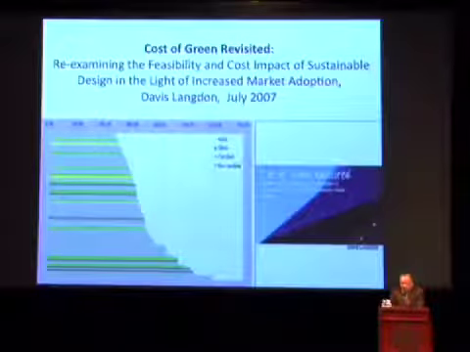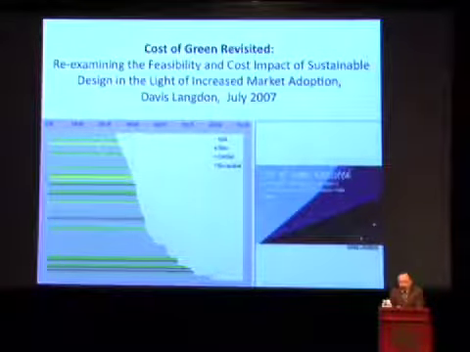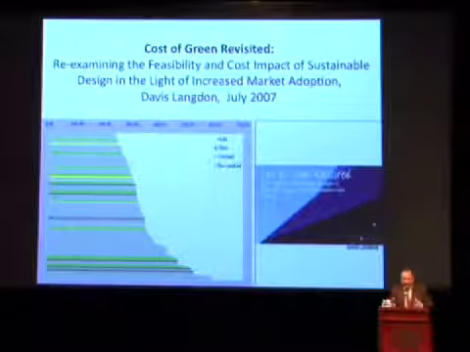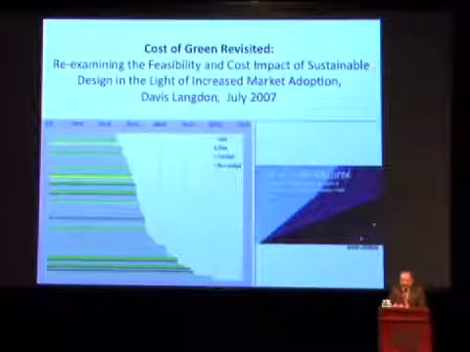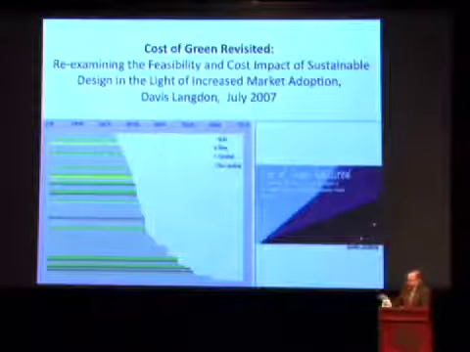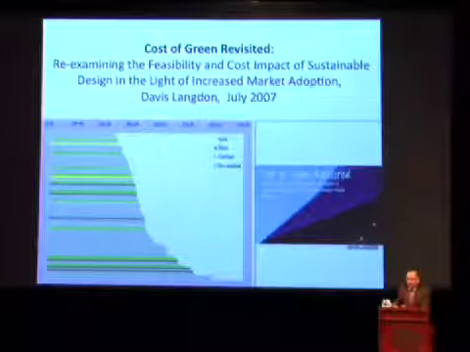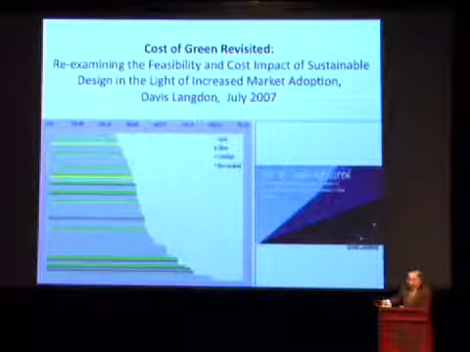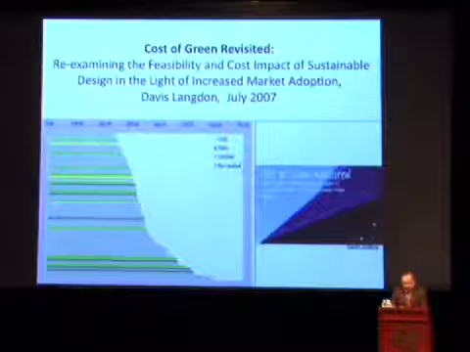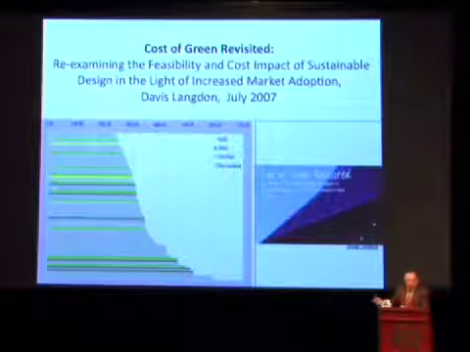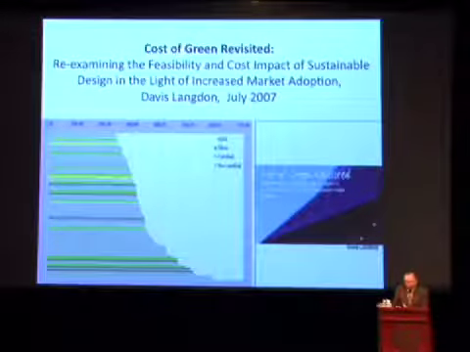First, that project teams that don't understand green very well consider it an added feature, and they add the features later, and it's basically adding cost to the project. Project teams that understand it integrate it effectively at the beginning, and for those teams, the programmatic decisions, like what kind of marble you use in the lobby, are going to have a greater impact on cost than the green features do. Okay? And that's aside from the question of whether the building is more energy efficient and therefore pays for itself more quickly over time.